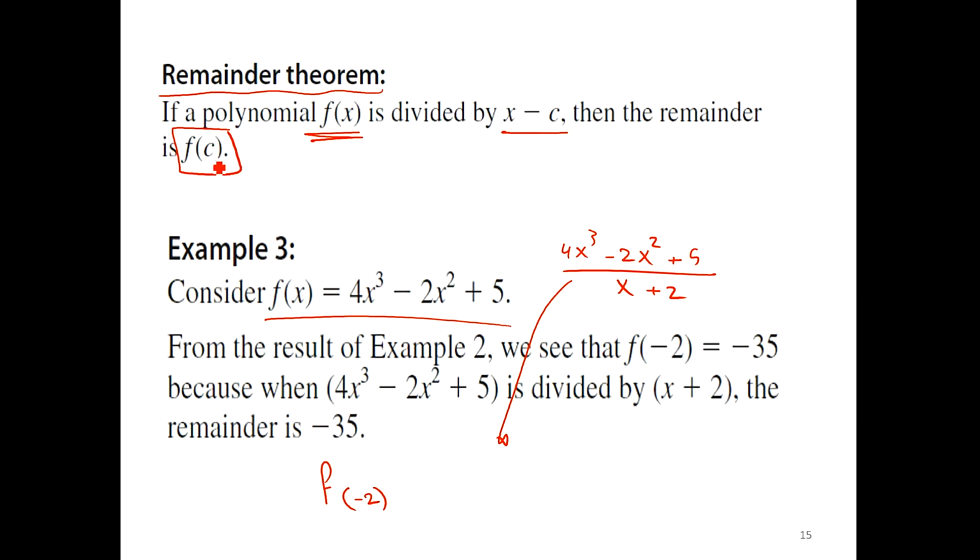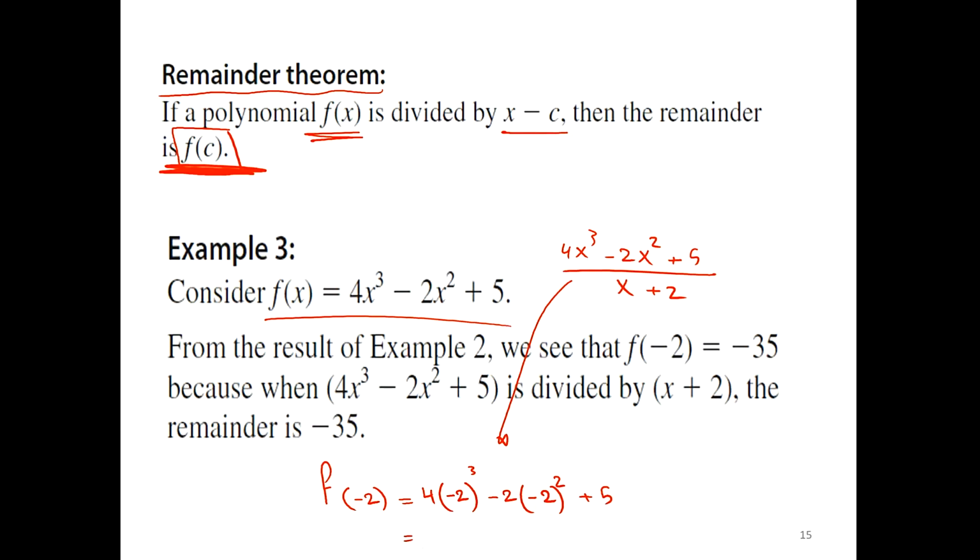This is f of c, where c is negative 2, because the divisor is x plus 2. After substituting, we have 4 times negative 2 to the power 3 minus 2 times negative 2 squared plus 5.